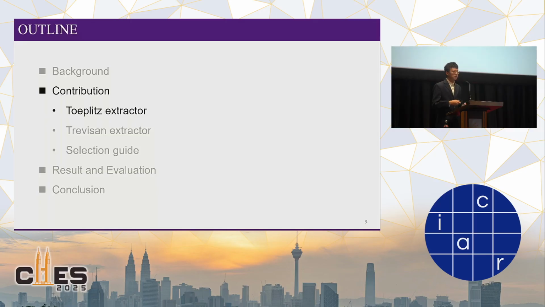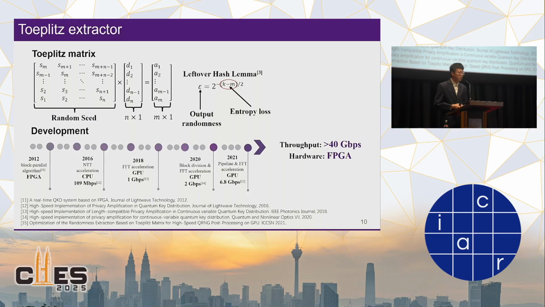The first is the improvement of the Toeplitz extractor. The Toeplitz extractor is based on matrix multiplication. You take a raw random number vector and multiply it with a binary Toeplitz matrix and get the output. The leftover hash lemma guarantees the output will be close to uniformity.